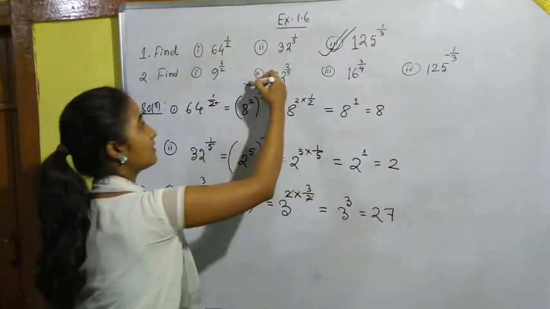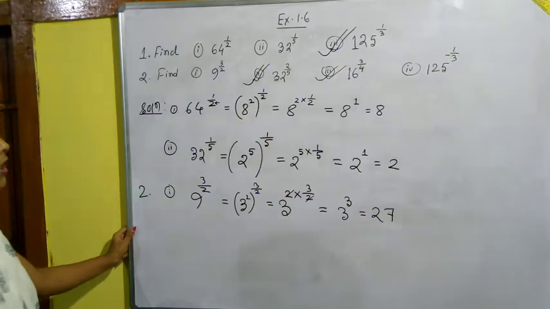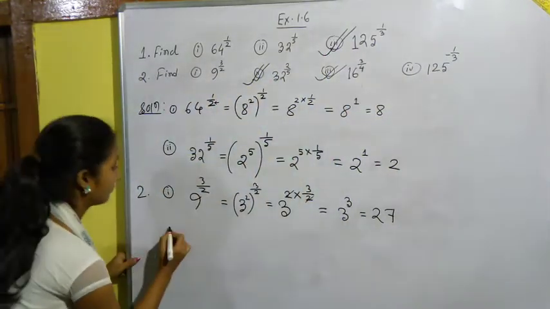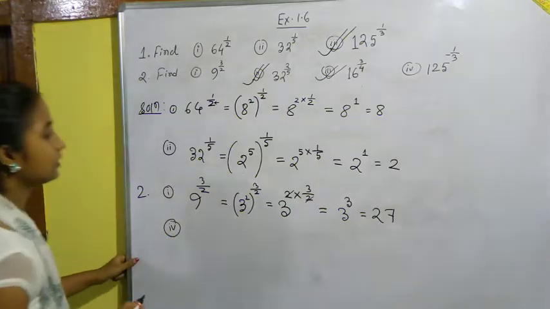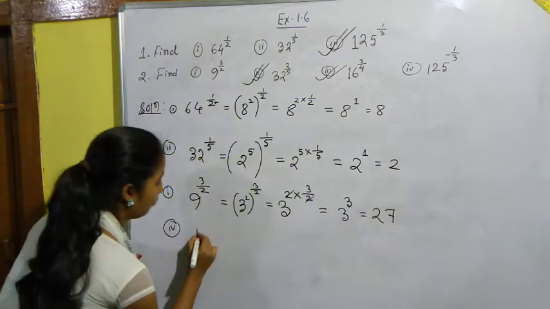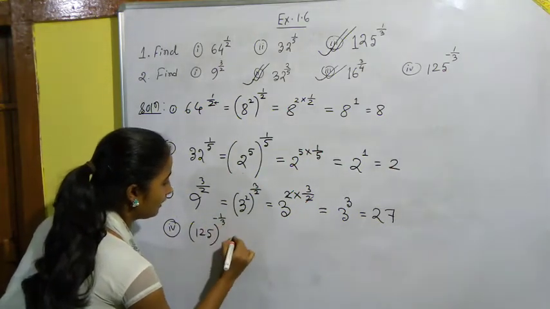Now this is your work and this is also your work. See question number 4. In question number 4, 125 whole to the power minus 1 by 3.